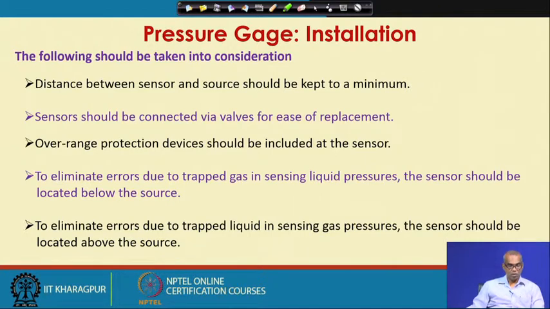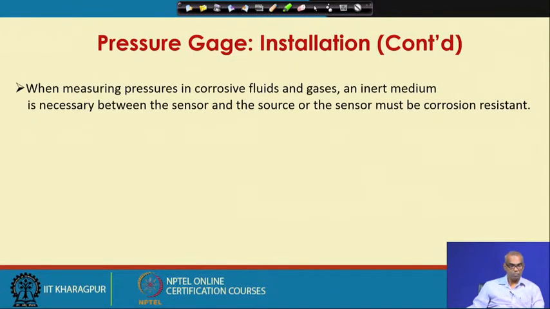So, note these last two points. The pressure sensor should be located below the source when you are sensing liquid pressure, and the sensors should be located above the source when you are sensing gas pressure. When measuring pressures in corrosive fluids and gauges, an inert medium is necessary between the sensor and the source, or the sensor must be corrosion resistant.